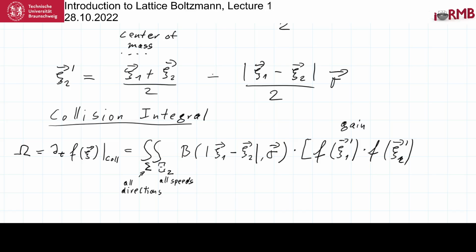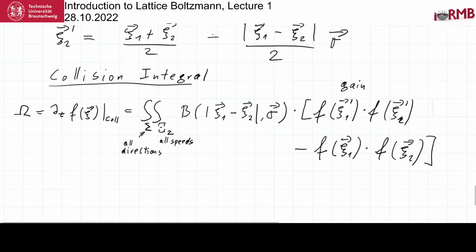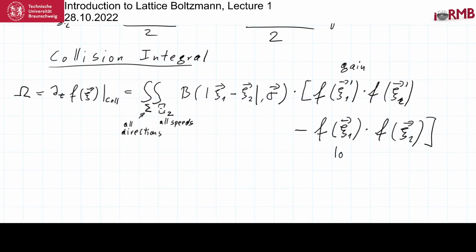They are going out of the system, and therefore I have to write them with a minus. So then there's f of xi1, the ingoing one, meeting another particle with this other velocity. And this is the loss, the term that is lost.